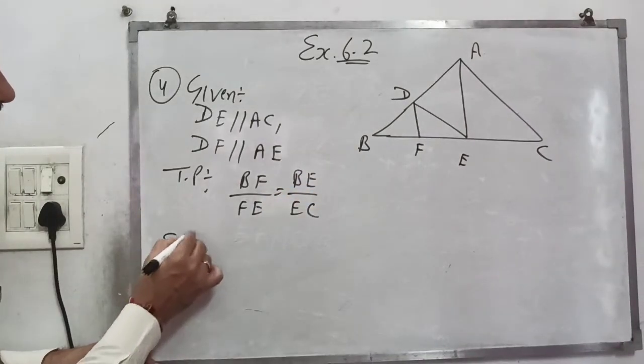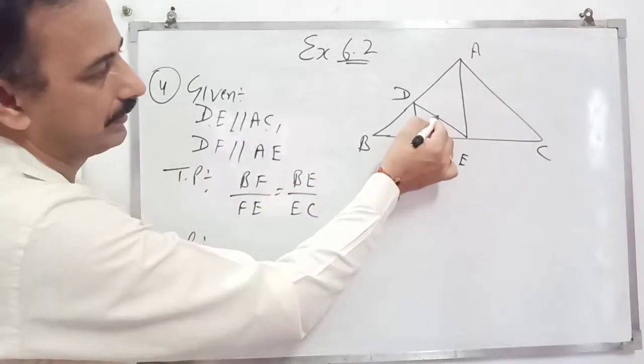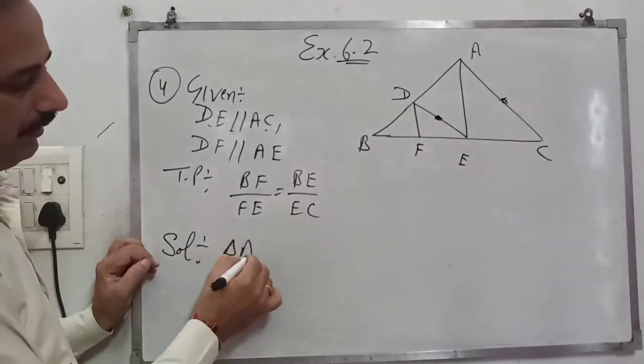So look at the solution. DE is parallel to AC, this side is parallel to that one. So we are using triangle ABC.